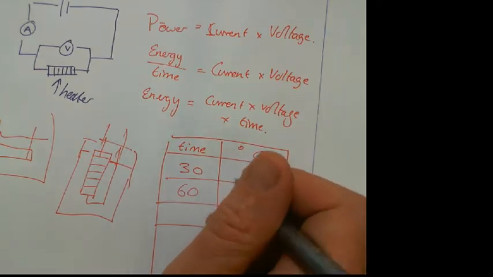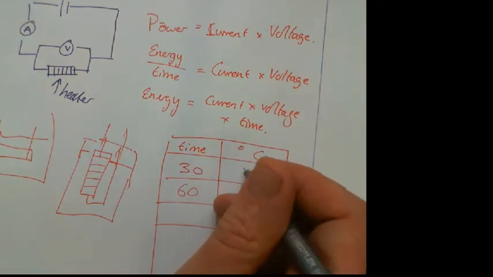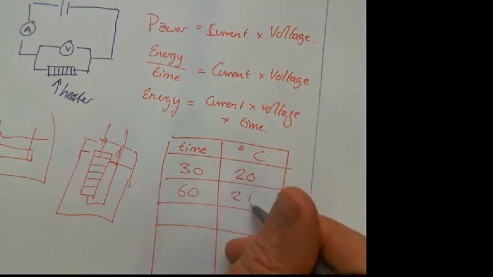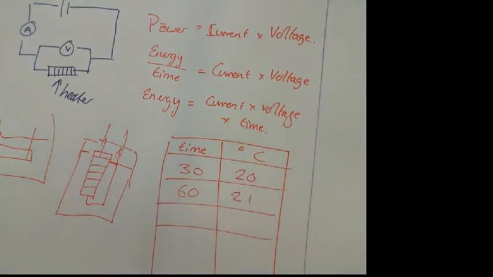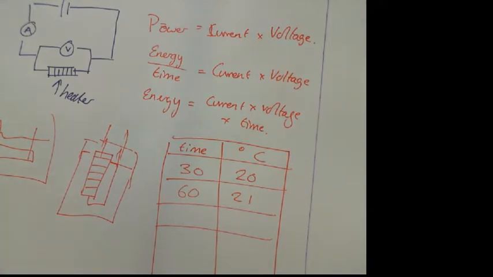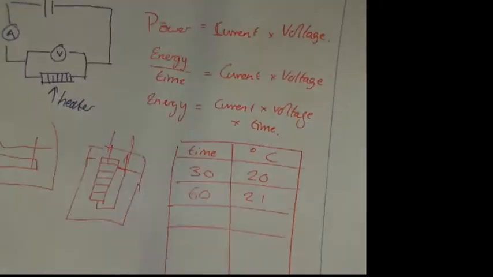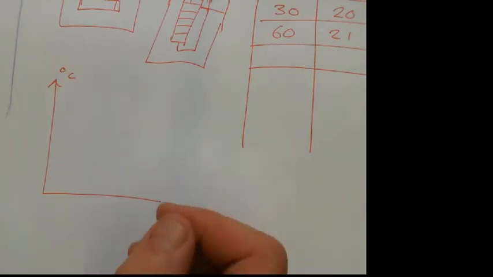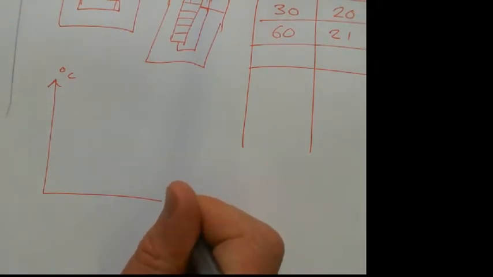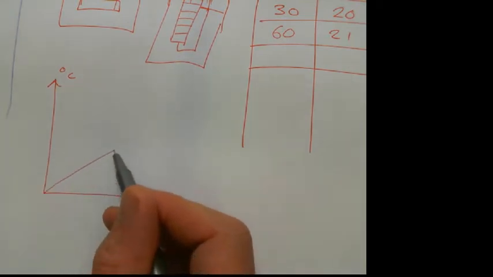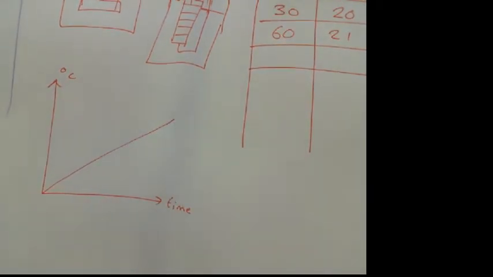And maybe it starts at 20, roughly room temperature, and then goes up, and you then will plot a graph of temperature against time, and you'll be able to see how that temperature is increasing.